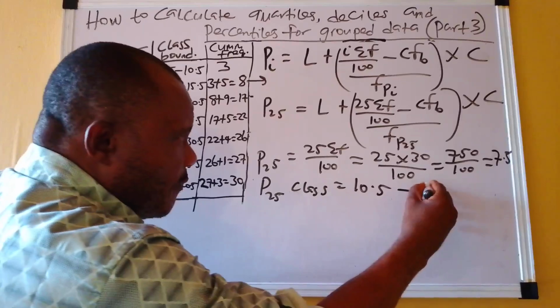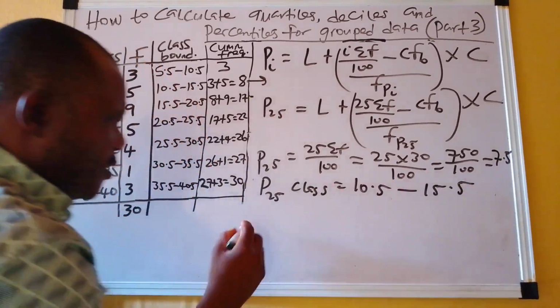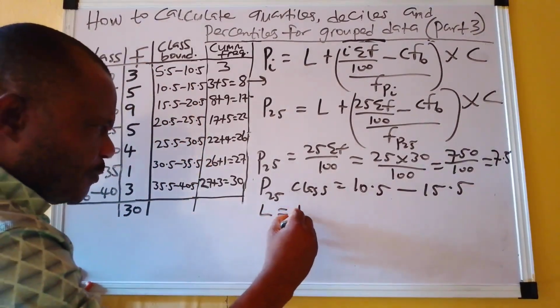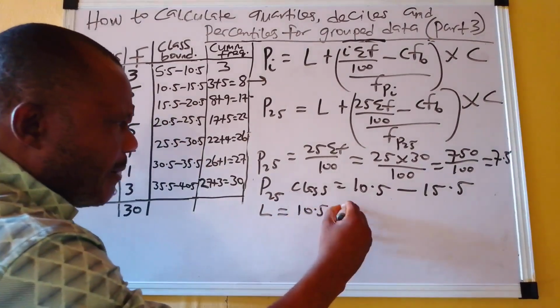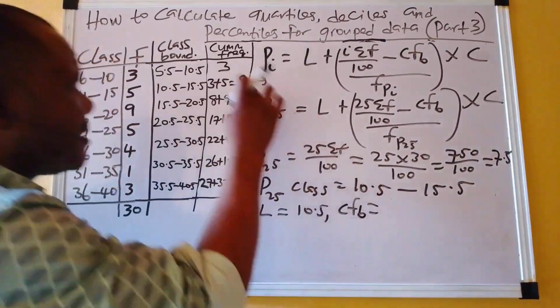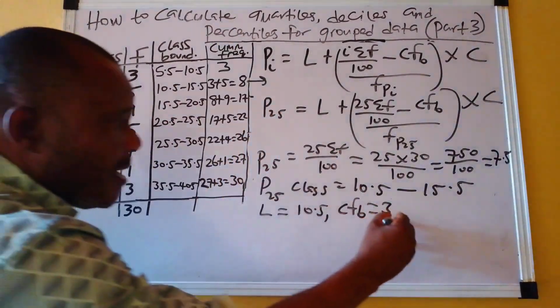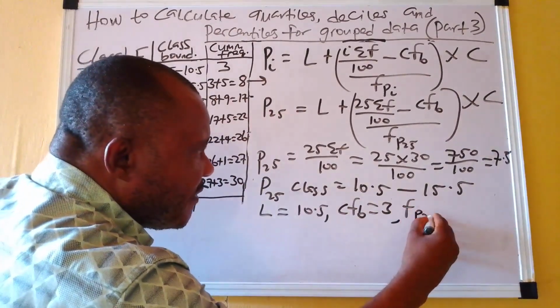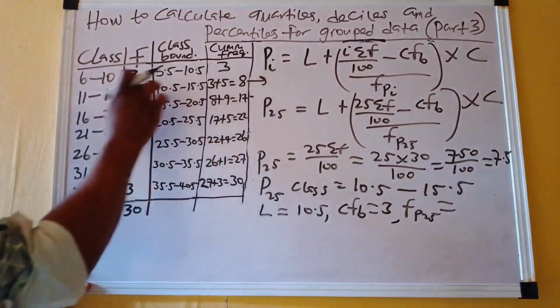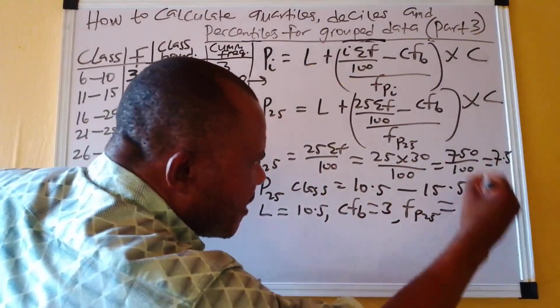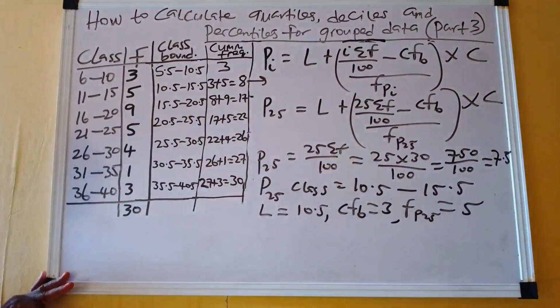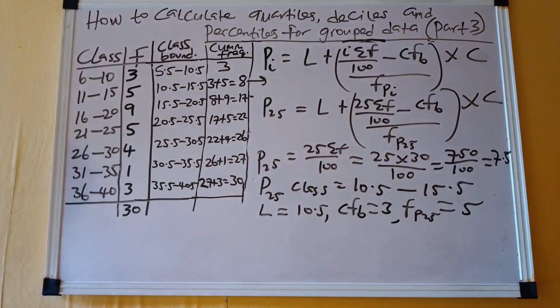So here our L is equal to 10.5. The cumulative frequency before that class is 3, and the frequency of the 25th percentile class is 5.